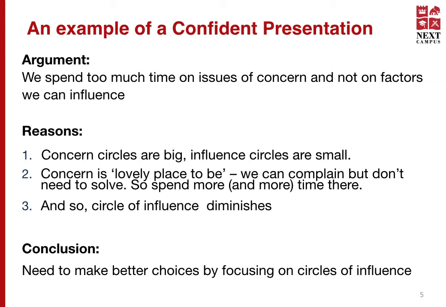Concern is a lovely place to be. We can complain, but we don't need to solve it. So we spend time and more time in concern. Number 3. Circles of influence are diminishing. And finally, the author has provided a conclusion that there is a need to make better choices by focusing on circles of influence.